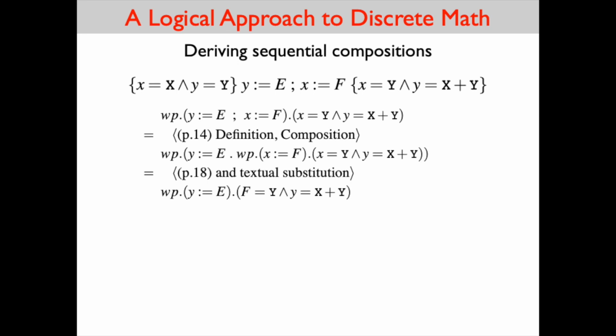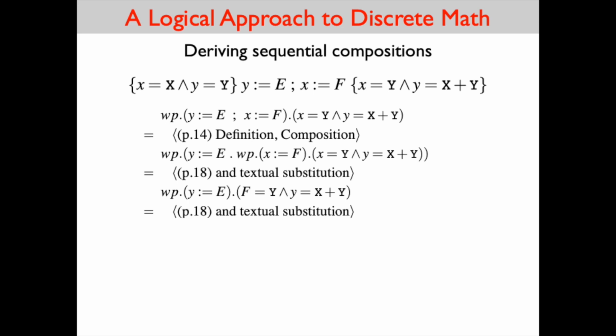Now here's where the problem comes in, because f is an expression, and it may contain variables. So now, when we take the weakest precondition of the statement y gets unknown expression e dot this postcondition, it now has f in it, which is an expression which may contain x and y.